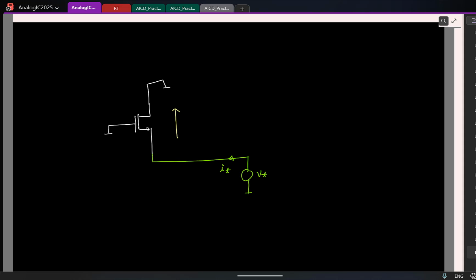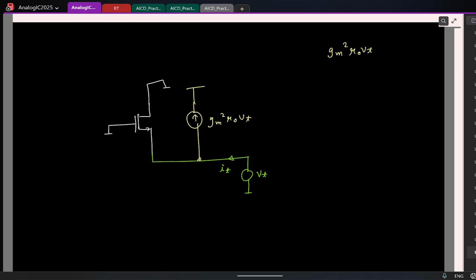So again, the idea is the same. I want to add a current. The extra current should be of the order of GM square R0 times V test. And I want to add the current in the top side. This should be GM square. Now again, this cannot be a fixed current source because it depends on V test. It is a voltage controlled current source.